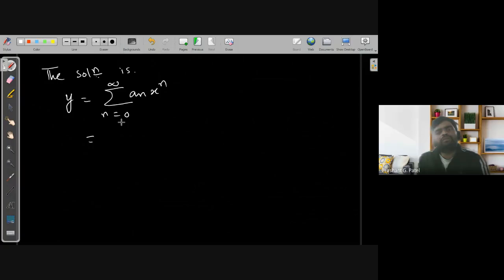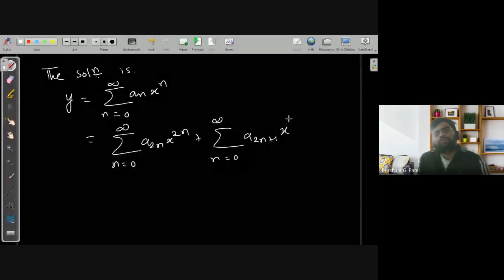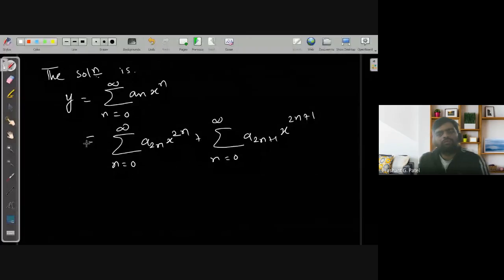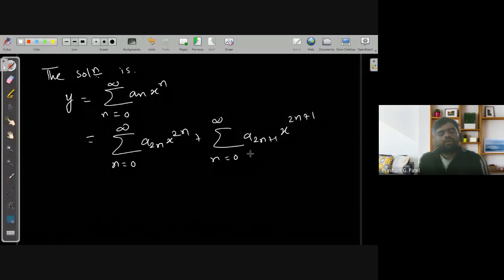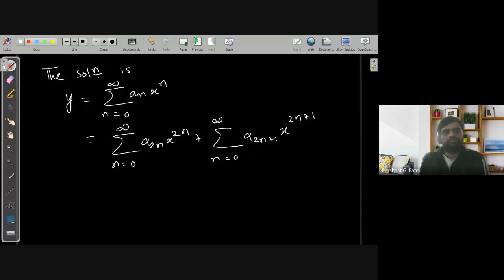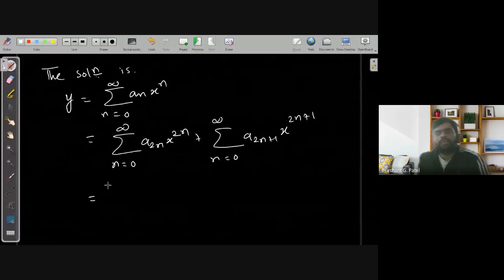So I may separate this summation, that is for even numbers, n running from 0 to infinity a2n x raised to 2n, plus odd numbers, that is n running from 0 to infinity a2n plus 1 x raised to 2n plus 1. So for even we have this, and for odd we have this, and hence the solution will have two portions, and both of them are linearly independent. So that we need to show.